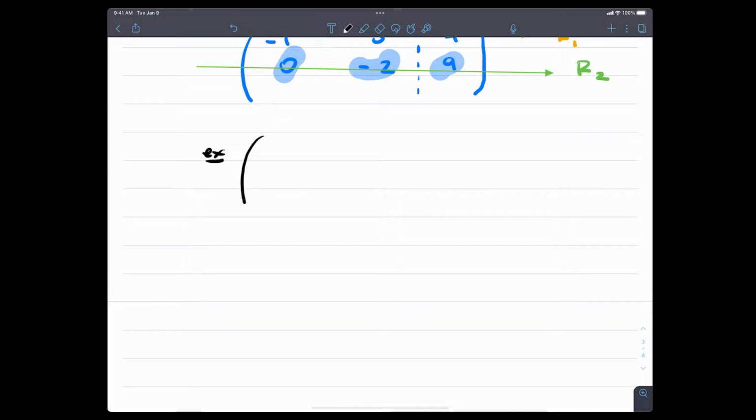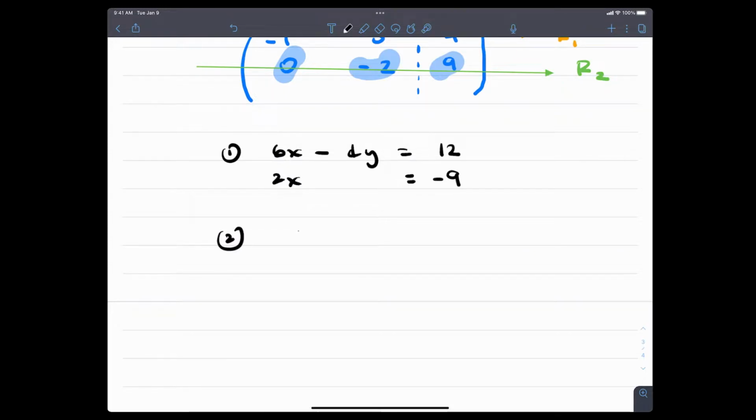Here's an example. Question 1: 6x minus 4y is 12, and 2x is negative 9. Question 2: x minus 3y equals 0, and 2x plus y equals negative 1.